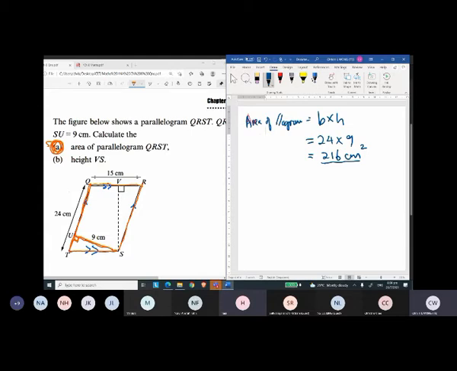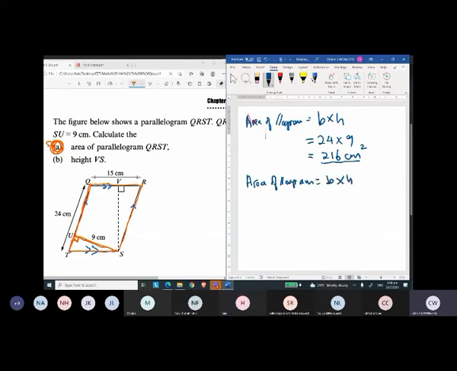Very good. Actually, you're right. But I want to know how you get 216 divided by 15. Area of parallelogram is equal to base times height, right?